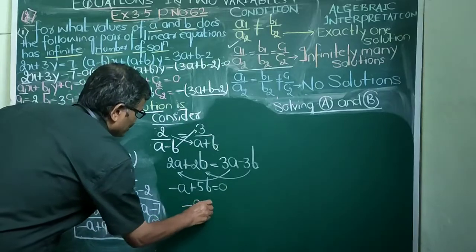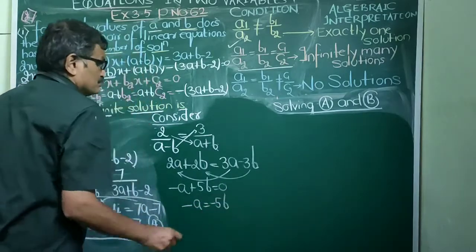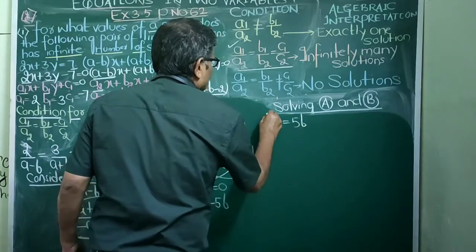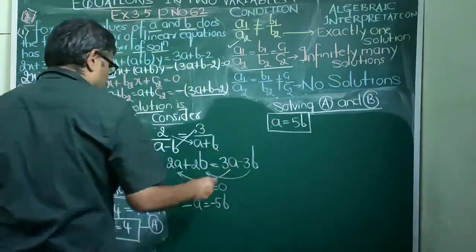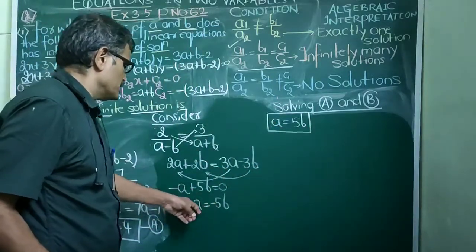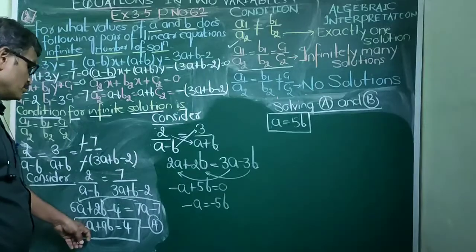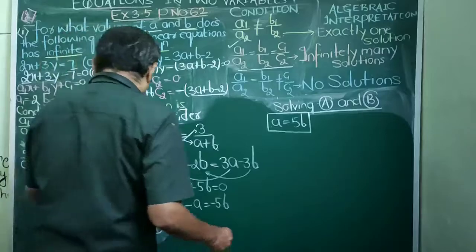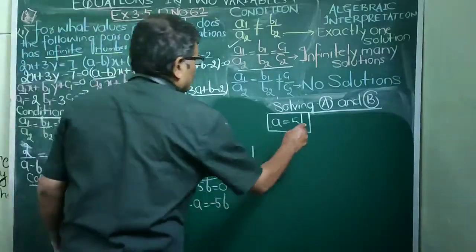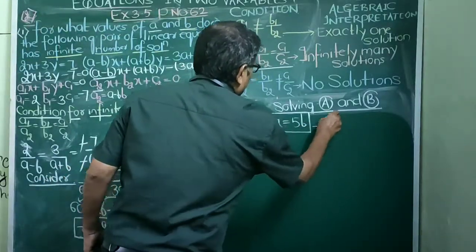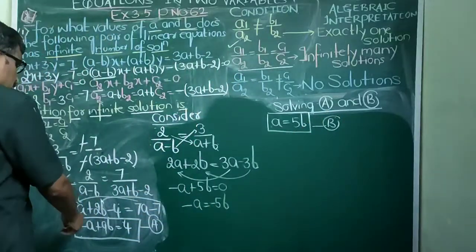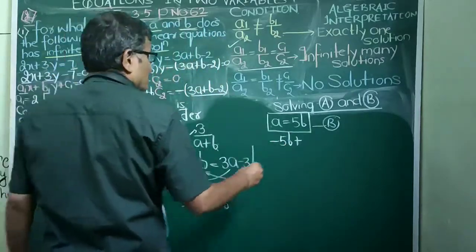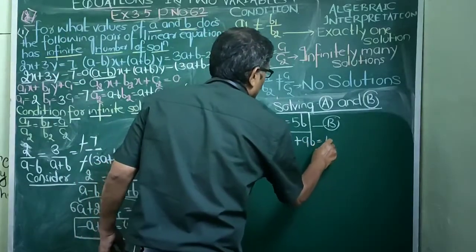So minus A is equal to minus 5B. So plus A will be equal to plus 5B. Now I am using the substitution method here. If I substitute the value of A as 5B, I will write this as equation number B. If I substitute equation B in A, then minus 5B plus 9B is equal to 4.